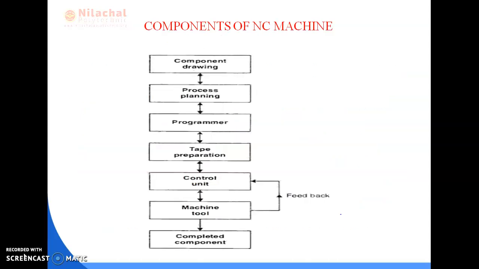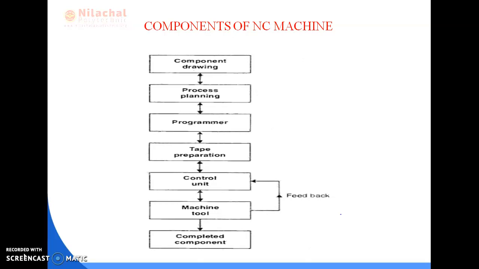These are the components of an NC machine. Means component drawing, which is the first step, then process planning, where we will plan which work will be done first, then second, then third, then fourth, like this. Then the programmer, means you have to write a program by using the codes. Then that program will be fed or printed on a tape, that is the tape preparation part, by using a teleprinter.